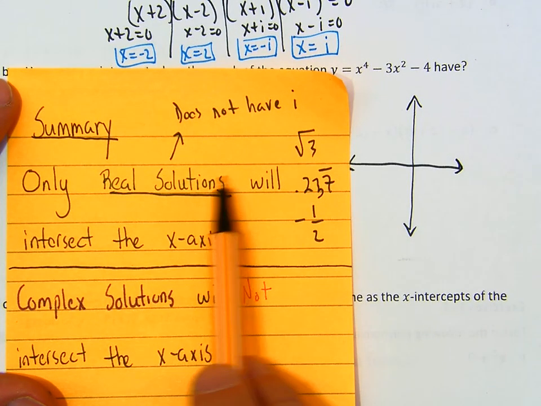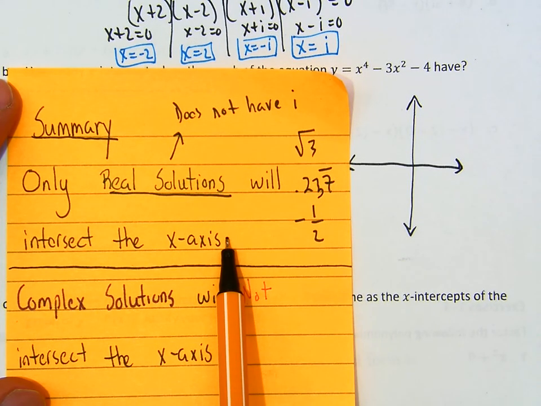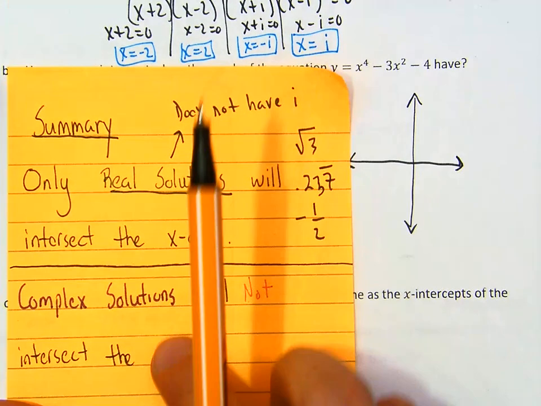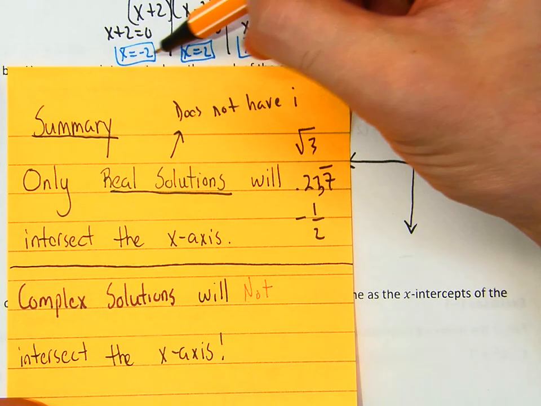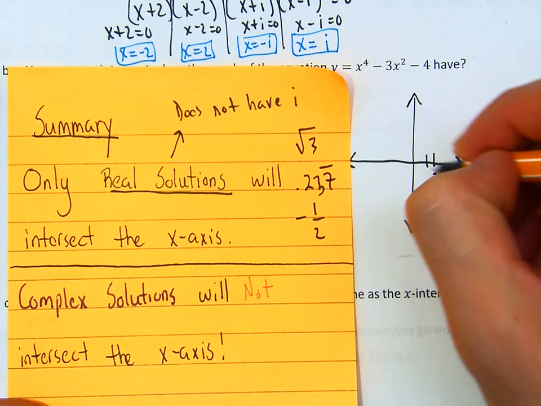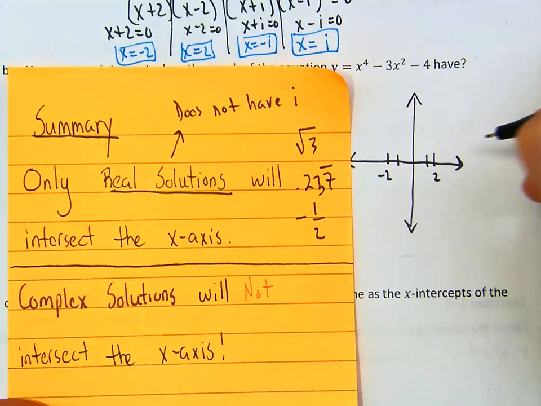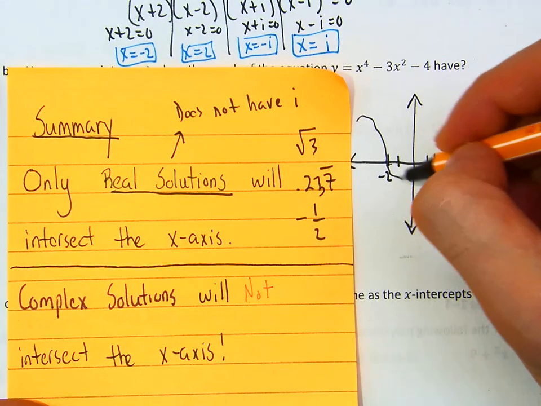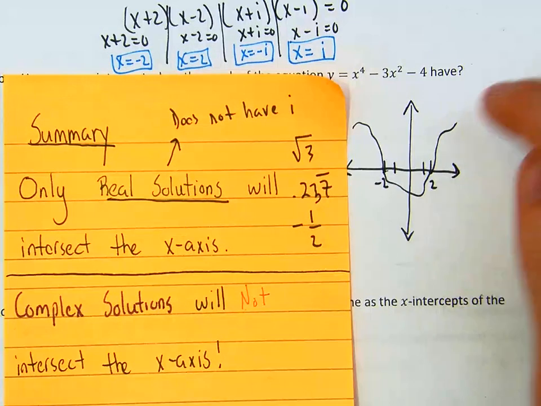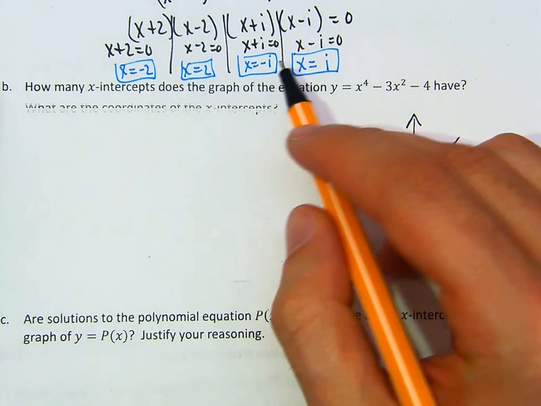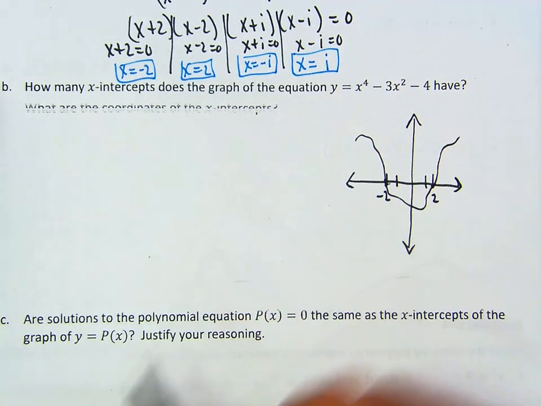Only the real solutions will intersect the x-axis. The complex solutions will not. So here, notice that what were the real solutions we have? They're the 2 and the negative 2. So you know that this graph has to intersect at these 2 points. Whatever the graph looks like, right? I don't know what this graph will look like, but I know it has to hit those 2 points. It won't hit these 2 points at all over here.